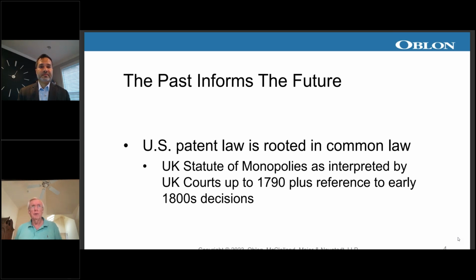The key point, which a lot of people forget, I think many Americans forget, is that our patent law is rooted in common law.